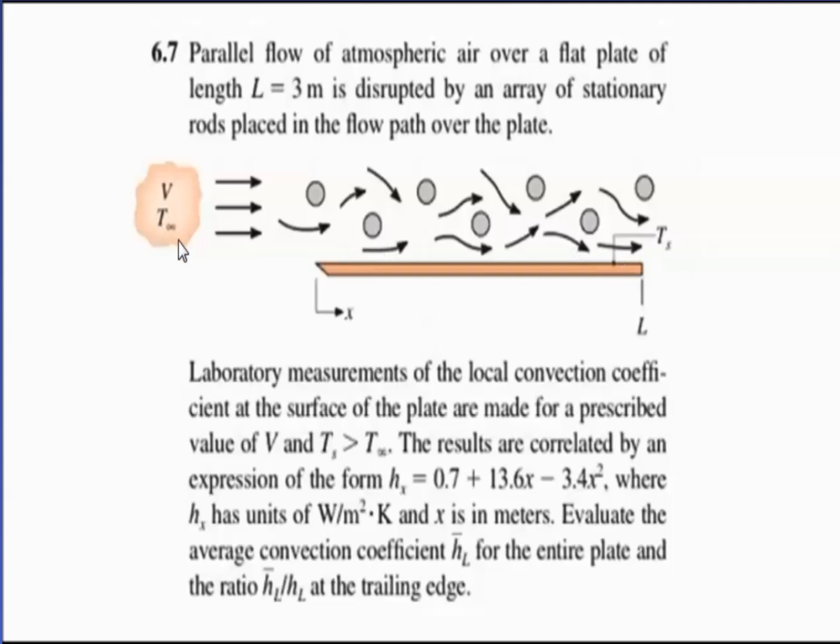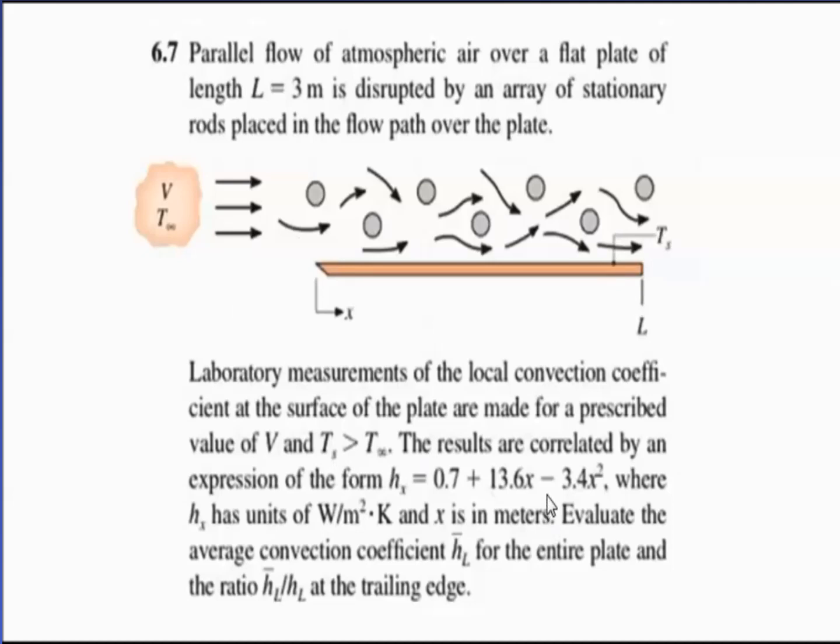the air over here. And now what we also know is the laboratory measurements of local convection coefficient at the surface of the plate are made for a prescribed value of V, and T sub s is greater than our T sub infinity. So our T sub s is greater than our T sub infinity.